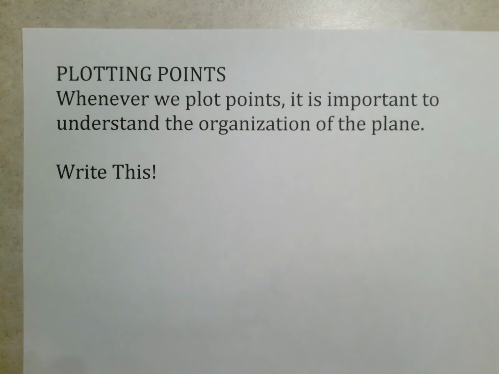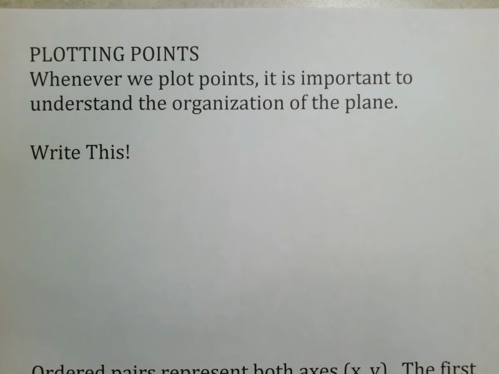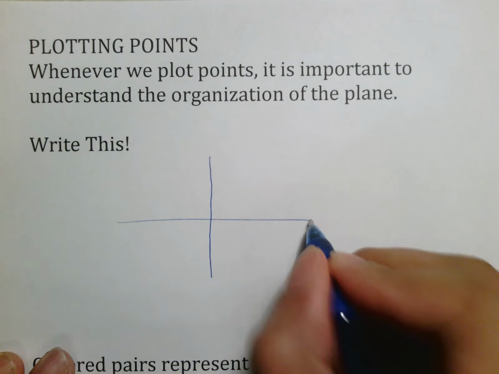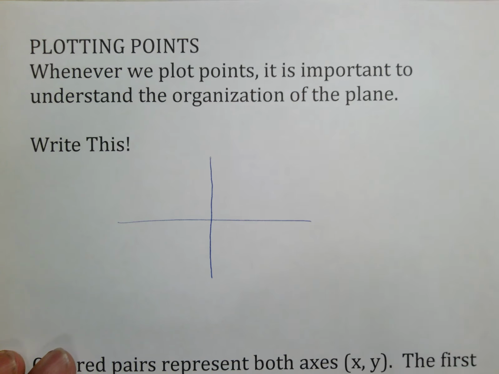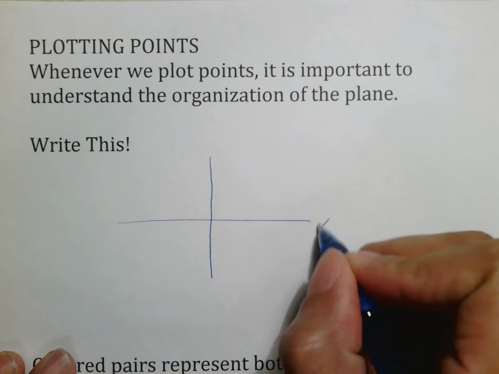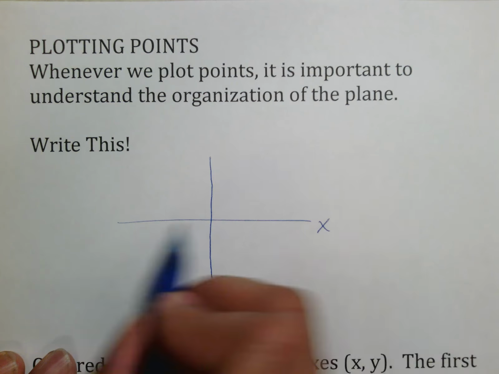Once we know how to find points, we now have to learn how to plot them. And it's important that we understand the organization of the plane. So write this stuff that I'm about to write for you, just to make sure you understand how this graphing thing works. First off, every graph is made up of two axes, as we call them, and so that's where these two lines come from. This is always your x-axis, and it represents what direction the x's are going.